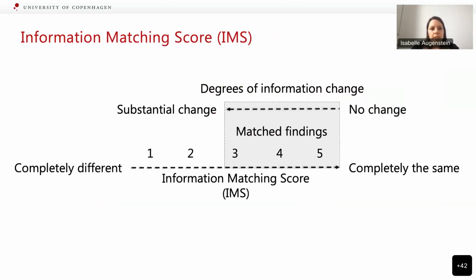Now, when the information matching score is 1 or 2, we see a substantial change to the degree that it's not even the same finding that's being reported on. Whereas if it's between 3 and 5, then it's the same scientific finding, with 5 being completely the same.